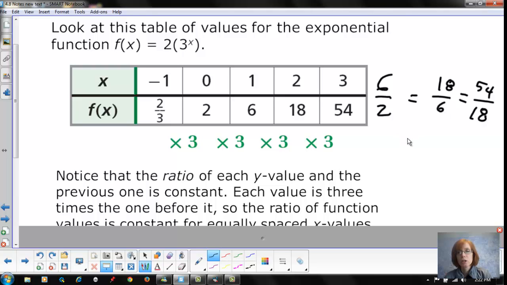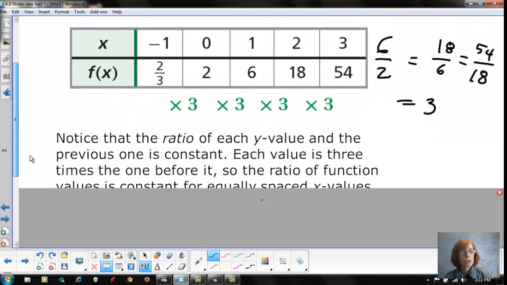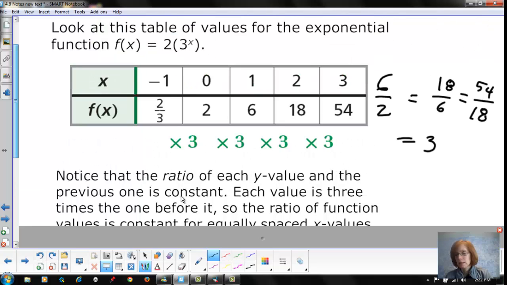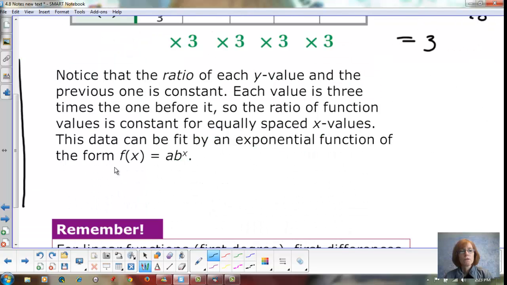There's a constant ratio, and they all are equal to 3. So each value is 3 times the one before it. So the ratio of function values is constant for equally spaced x values.